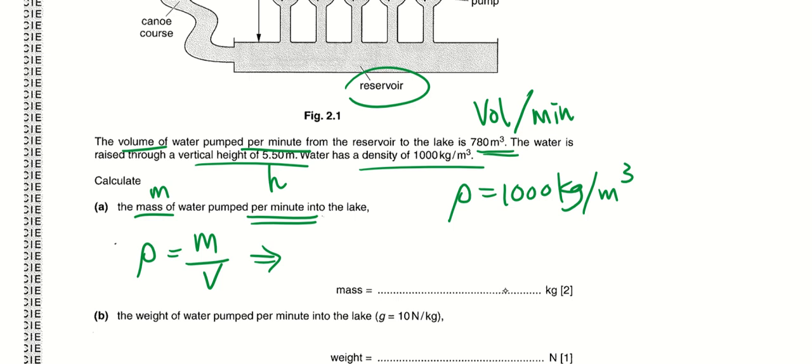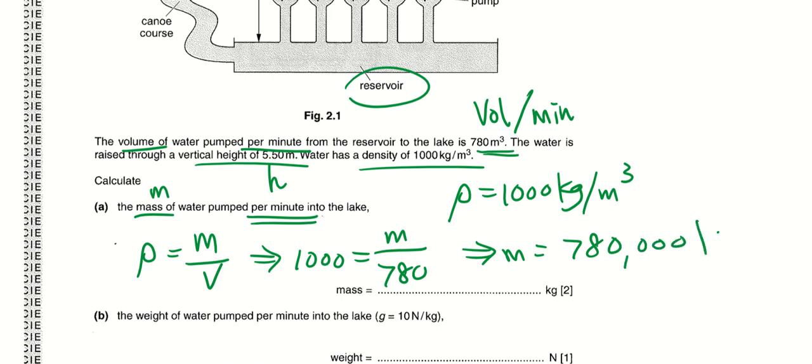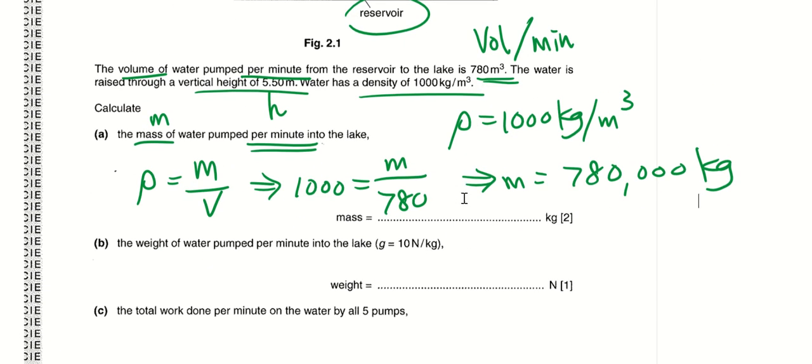So density is 1000, the mass is unknown, the volume is 780. Therefore, that will give me the mass of 780,123 kg.